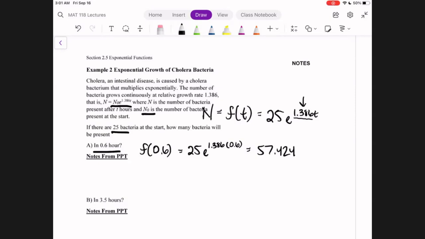And then if you wanted to do B here, this would be 3.5. So this would be 25 e to the 1.386, and then 3.5. So we get 3,196.7. So make sure you round accordingly. Okay.